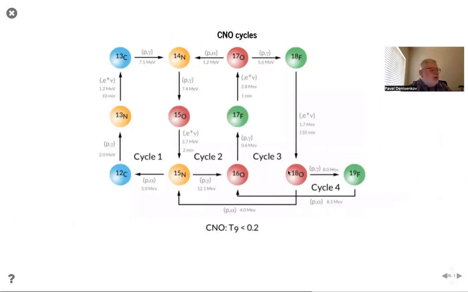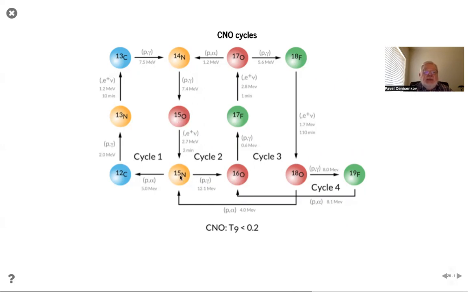This diagram shows hydrogen burning in the so-called CNO cycles. I already mentioned this reaction, carbon-12 (p,γ) nitrogen-13. Then nitrogen-13 experiences positron decay, making carbon-13, then the next proton capture, and so on. This is the first cycle, which is often called just the CN cycle, because it doesn't include stable oxygen isotopes, only unstable oxygen-15.